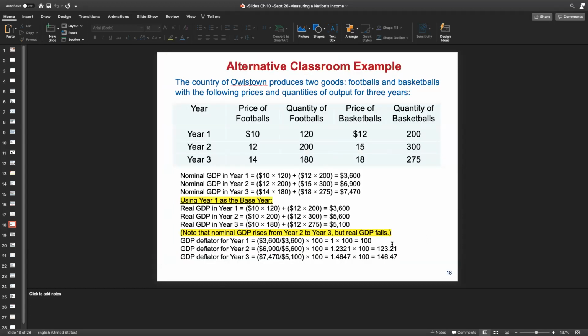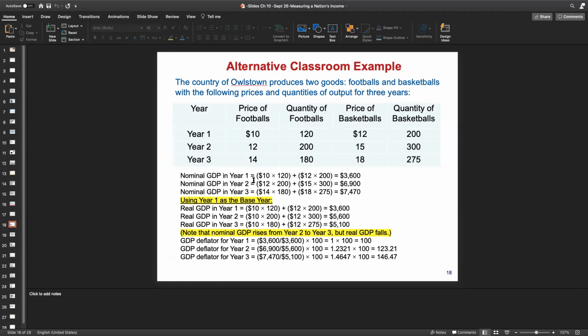This is another example. The county of Austin produces 2 goods, footballs and basketballs, with the following prices and quantities of output for 3 years, year 1, 2, 3. So these are the prices for the football, quantity for football, and then we have the prices for basketball and quantity for basketball.